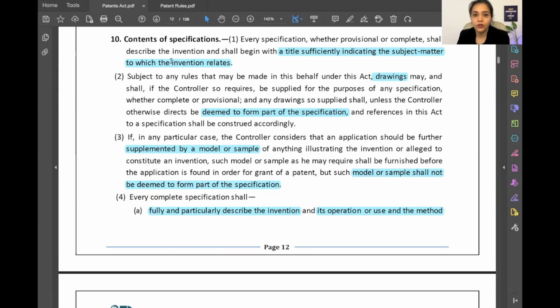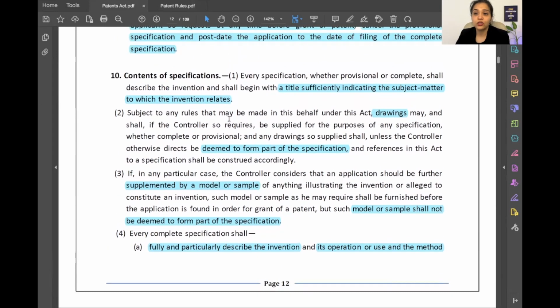So let's have a look at this section. And this also will go subsection by subsection because all of it is important for the purpose of the objective examination. So first is: every specification, whether provisional or complete, shall describe the invention and shall begin with a title sufficiently indicating the subject matter to which the invention relates.